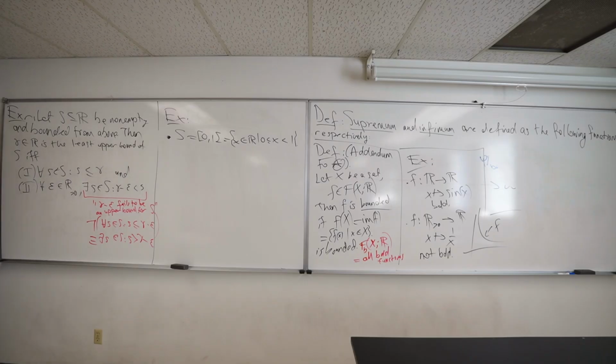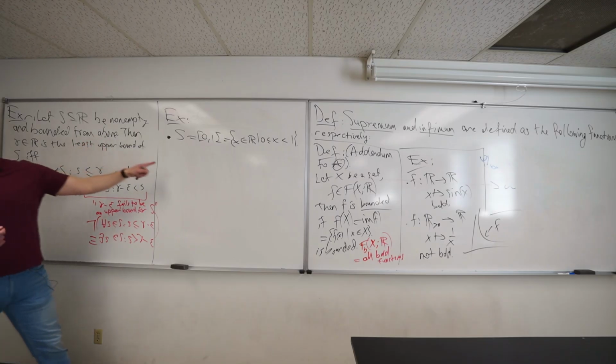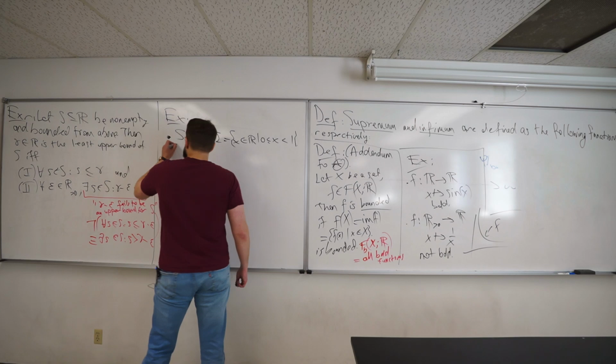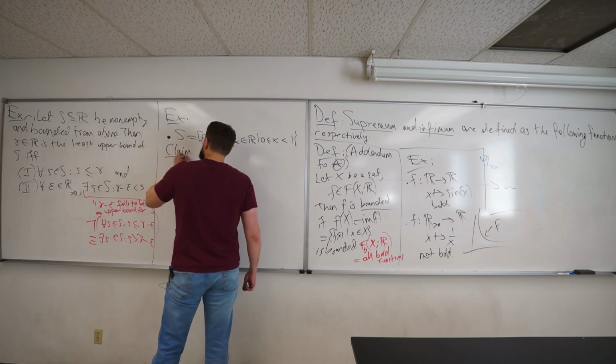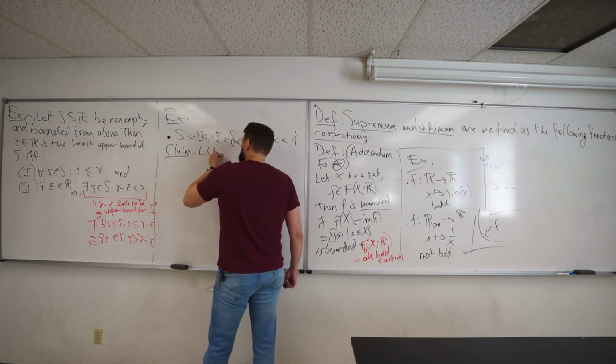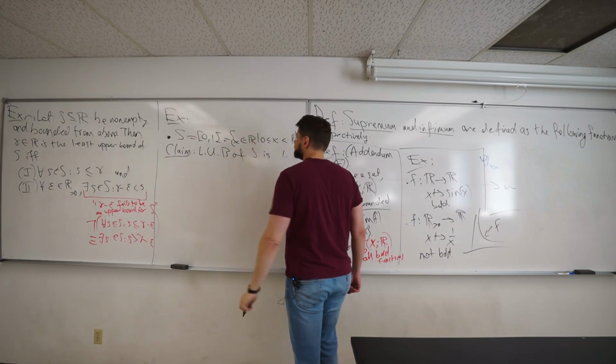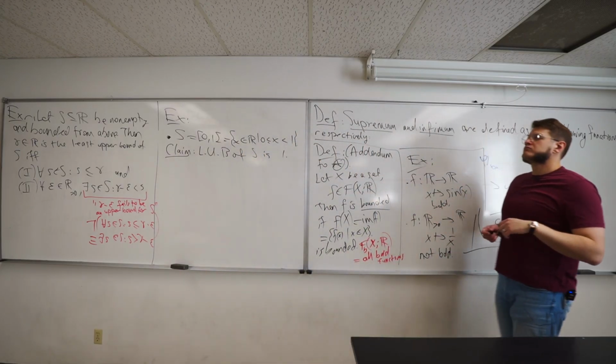By the completeness axiom, it has a least upper bound. The least upper bound of this is 1. Now that's a claim to be proven. Least upper bound of S is 1. It's a real number.